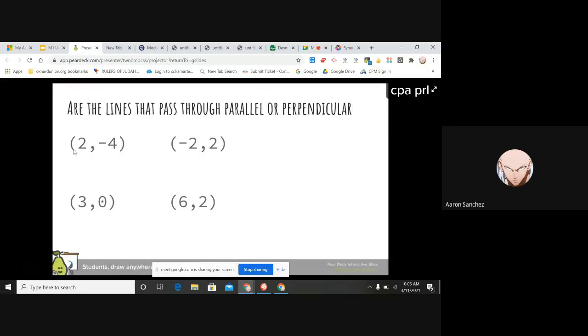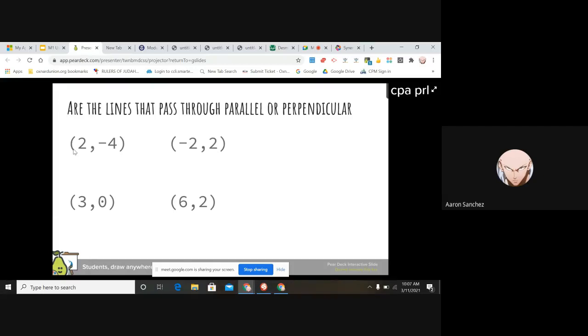Okay. Are these lines parallel or perpendicular? So we have the points 2, -4 and -2, 2. And I have 3, 0 and 6, 2. Remember, we go y2 minus y1 over x2 minus x1.